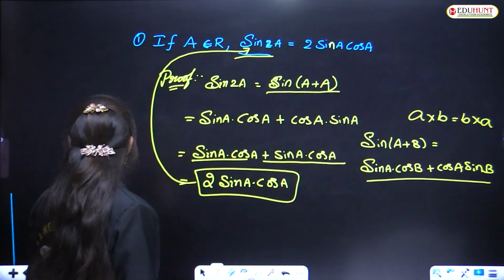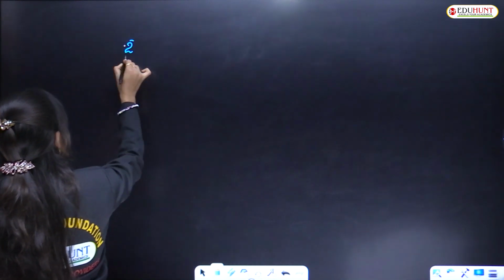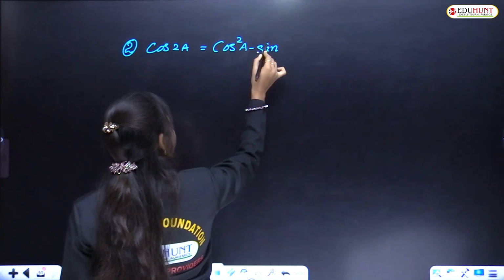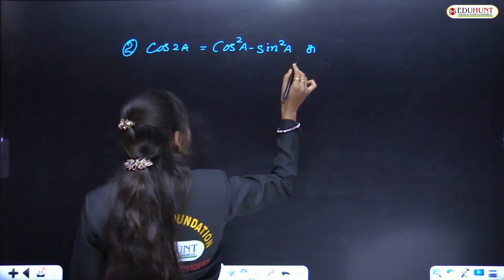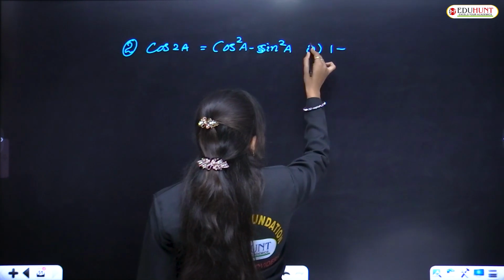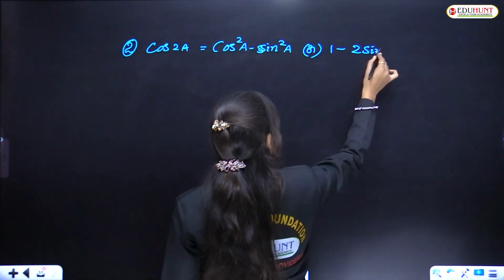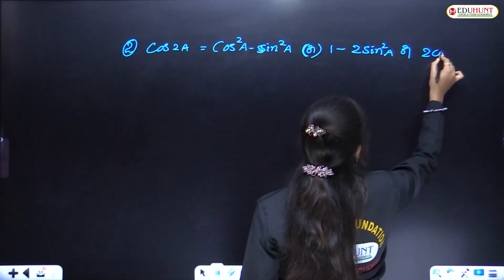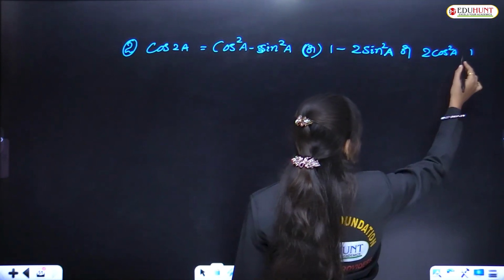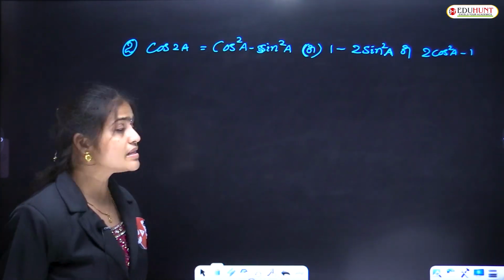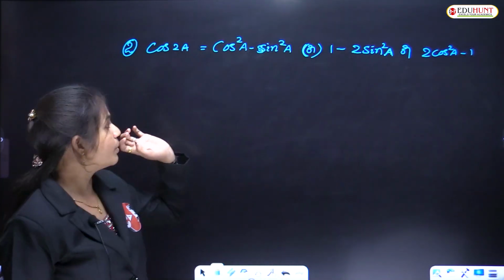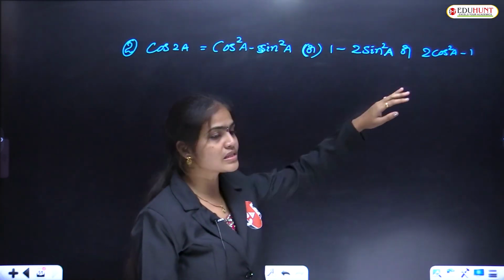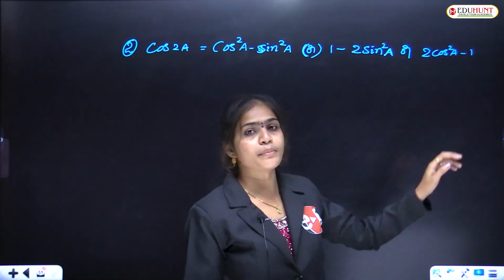Okay, next, the second formula: cos 2A is equal to cos square A minus sin square A, or 1 minus 2 sin square A, or 2 cos square A minus 1.